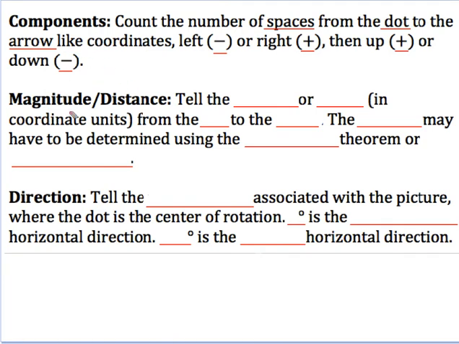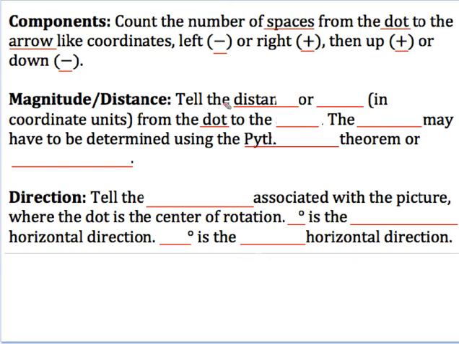Now your magnitude is the same thing as distance. The reason why we say magnitude instead of distance is sometimes this could be a force too. And then later on, when we start applying vectors to real life situations, it could be force or speed or distance. There's a lot of different types of magnitude that you can have. But initially, when we first start out, it's mainly going to be distance.